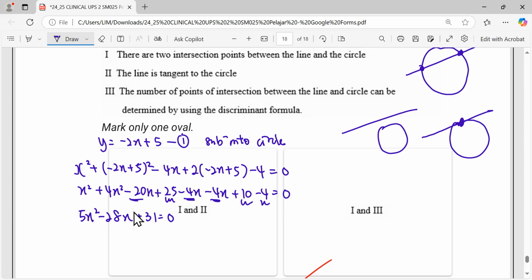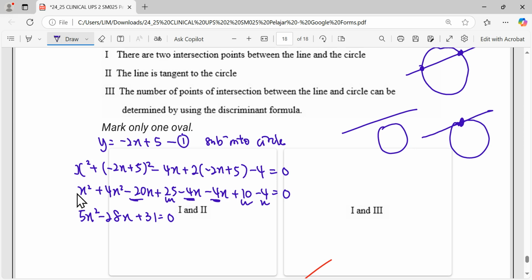So we have our quadratic. You can try to key in your calculator to solve this quadratic using the mode of equation, taking the degree of the quadratic, which is 2.